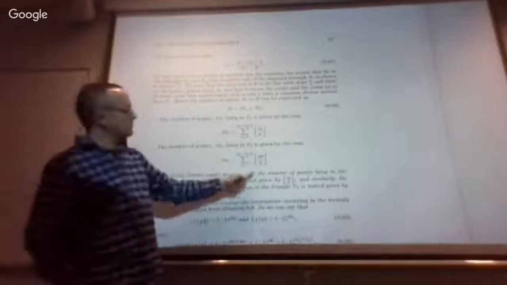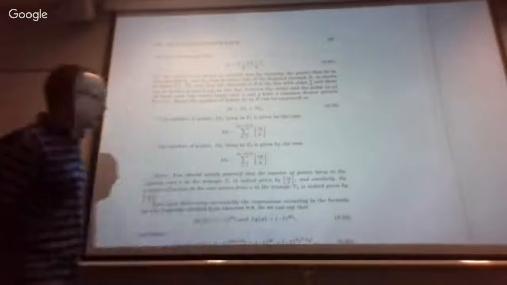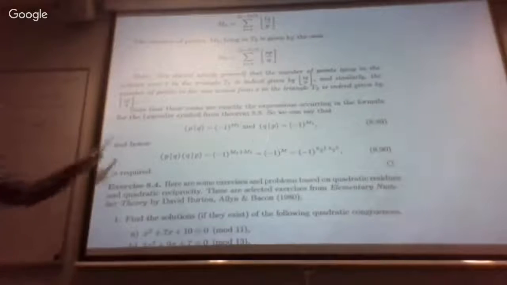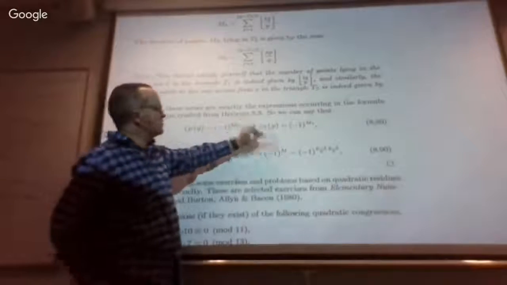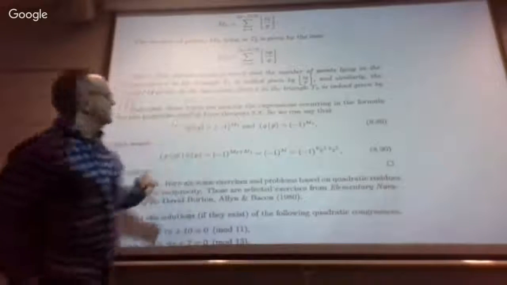And then when you count the number of points in T2, the top triangle, you count them row by row, and you get a similar quantity involving the floor of these multiples of P over Q. So by looking at the result of theorem 8.8, the Legendre symbol P over Q is going to be -1 to the power n2, and Q over P is going to be -1 to the power m1.